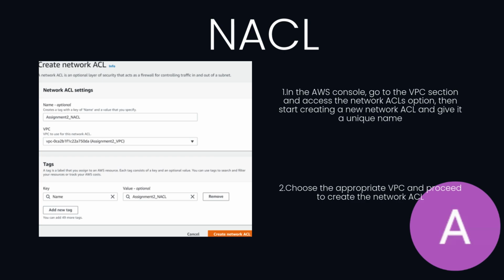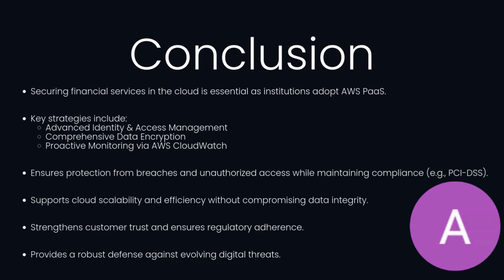Thirdly, you choose the appropriate VPC and add inbound and outbound rules. And then you save the configuration to apply the settings. That's it. And that's how you set up NACL. NACL acts as an extra security measure, offering finer control over network security.